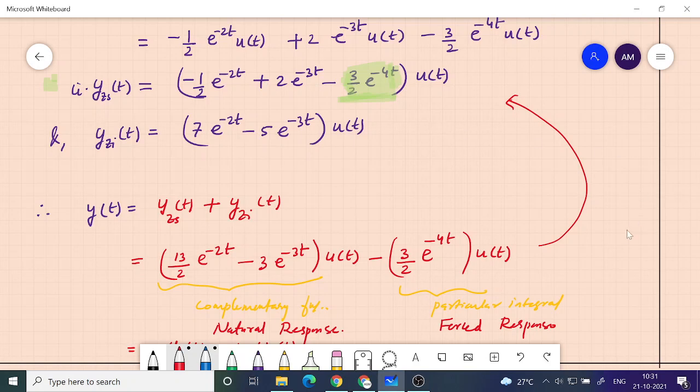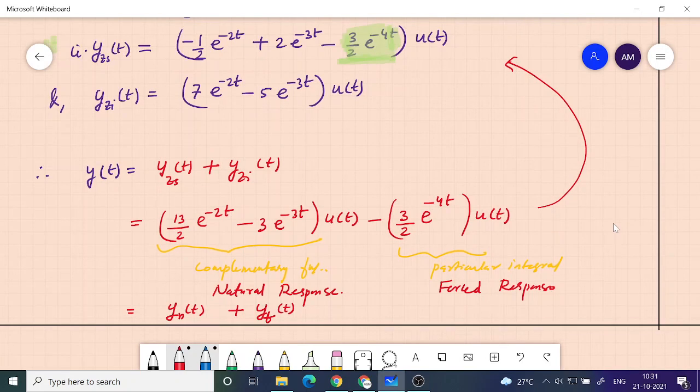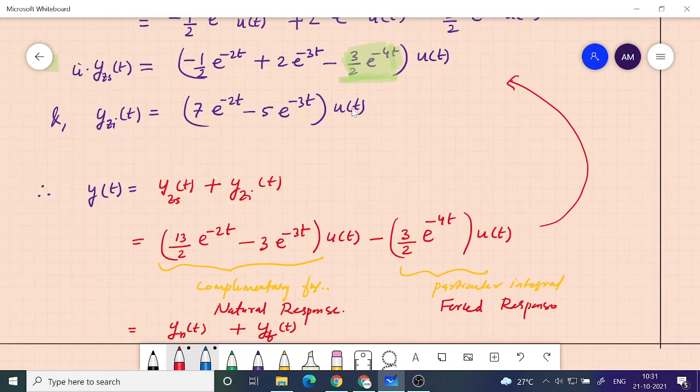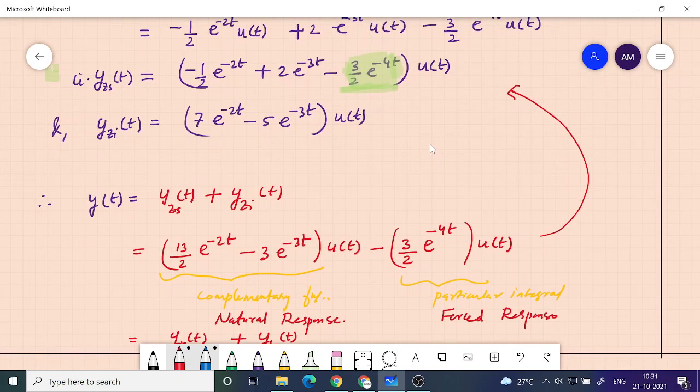So that is difficult. There are ways to overcome those things, but it is more tedious. But going from the classification into zero state and zero input to the classification of natural response and forced response is very easy, because you can recognize the term and then just add up all the other terms.